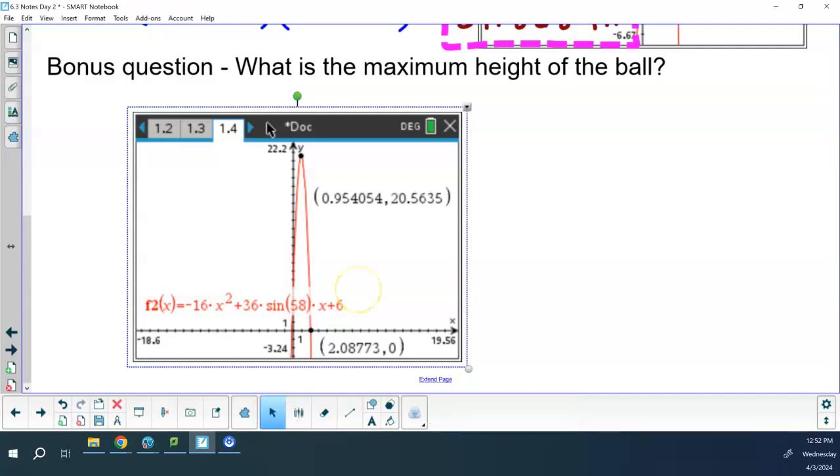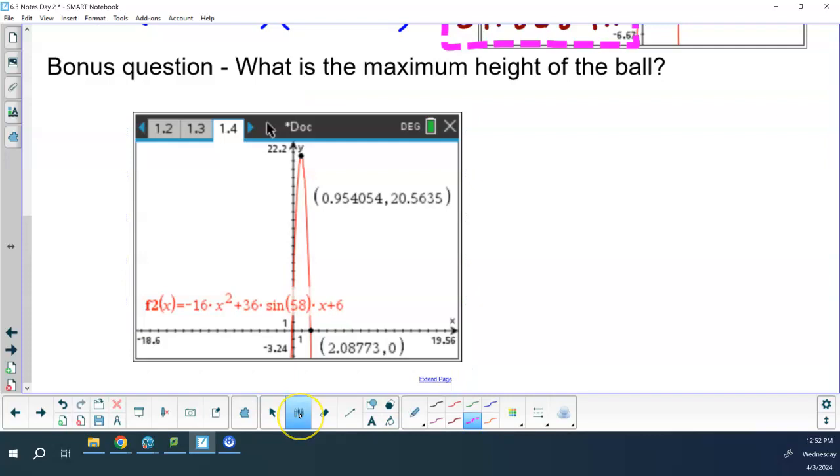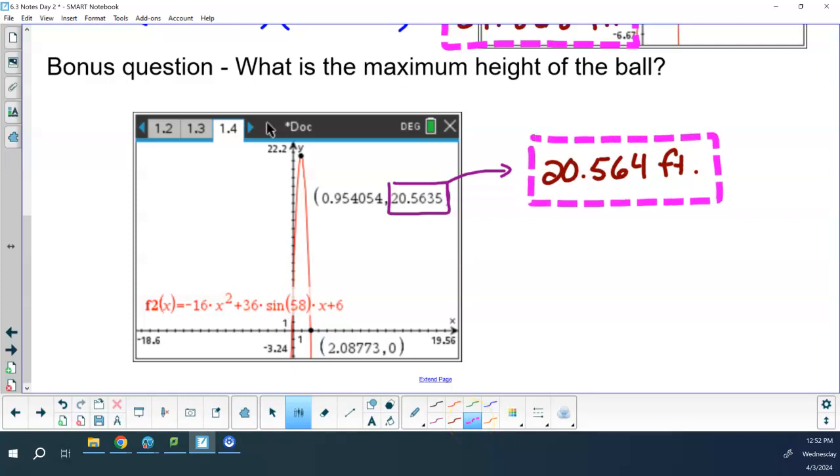You can figure out the maximum height of the ball, and then you can realize that this part right here is your max height. So the max height would be 20.564 feet. I promise we will do more of that tomorrow.